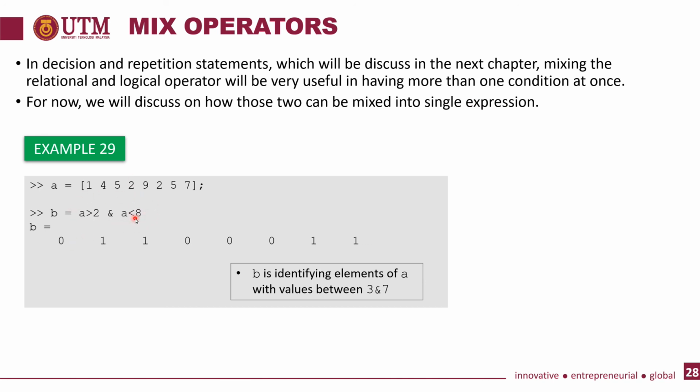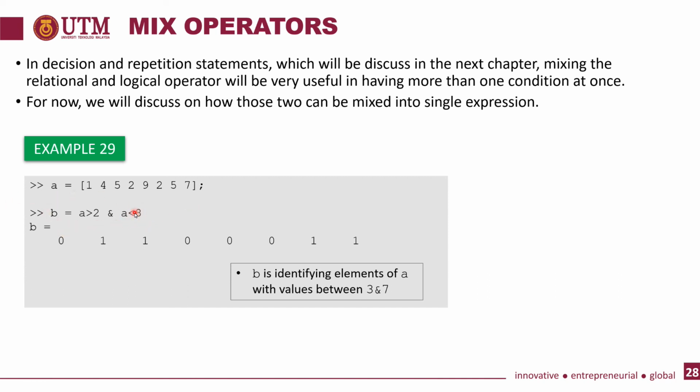Okay, so this example shows how you can combine logical and relational operators all together. For example, if you have a set of values of A: 1 4 5 2 9 2 5 7, and you want to find the elements of A where A is greater than 2 and A is less than 8.